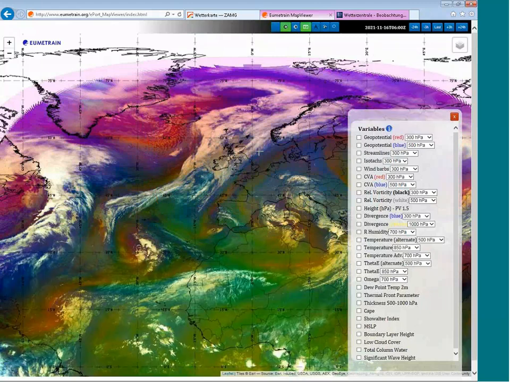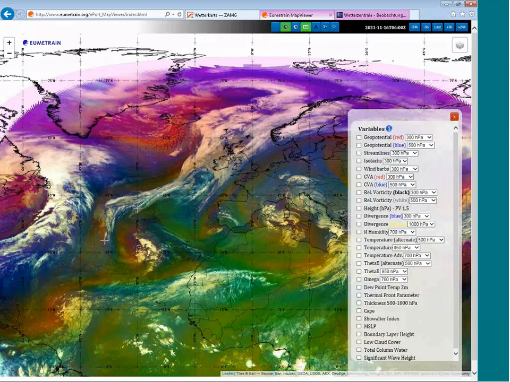I delete now the cross section, and well, what can we say if this is a stationary front. Can we find another conceptual model name for that? And for me, this is a typical sign.